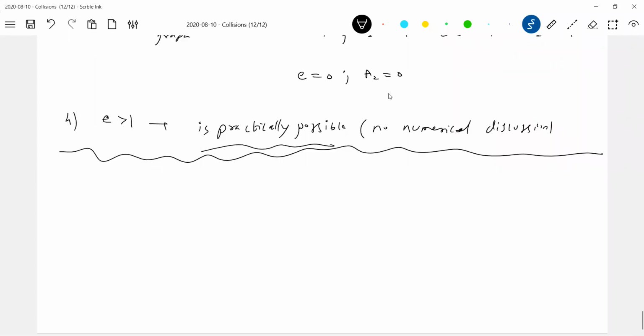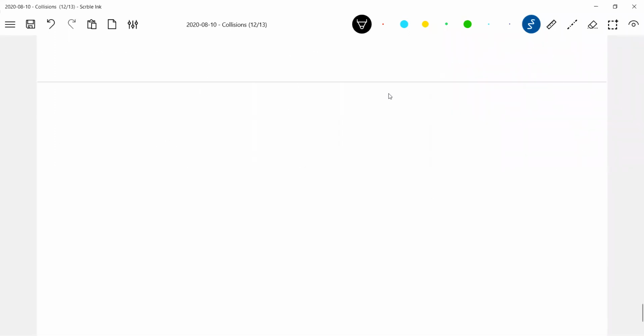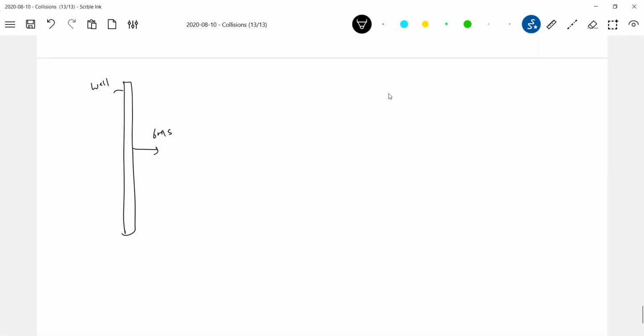Now, what is the advantage of this coefficient of restitution? Let's take one problem directly. There's a wall moving with a velocity of 6 meters per second, and there's a ball of mass m moving with 2 meters per second. Let the coefficient of restitution be 0.4.